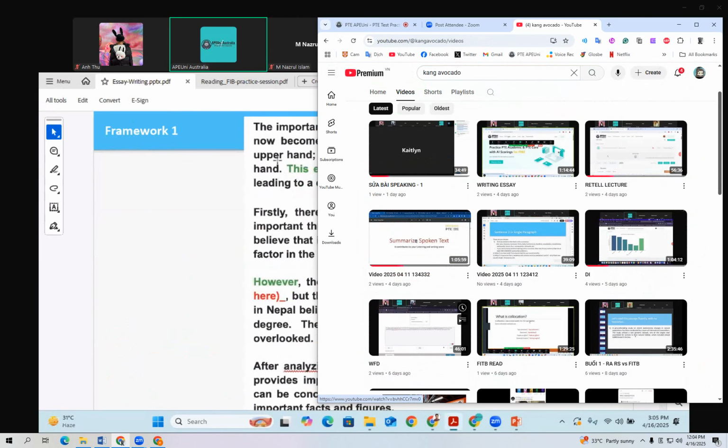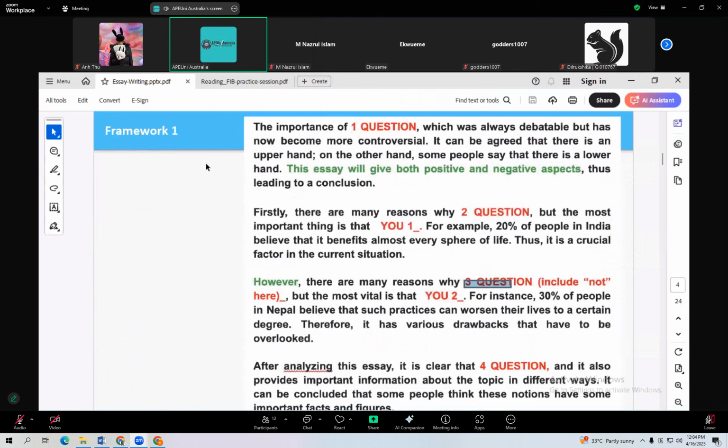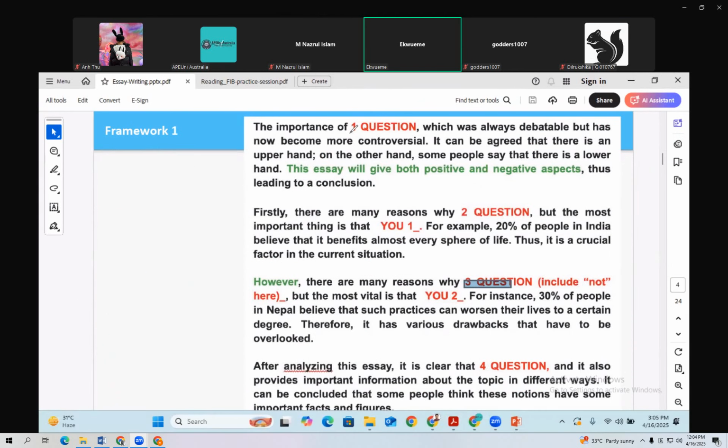If the question goes the other way around, like the question goes, public transportation will be free for all. What if the question is negative, like the public transportation is not supposed to be free for all?